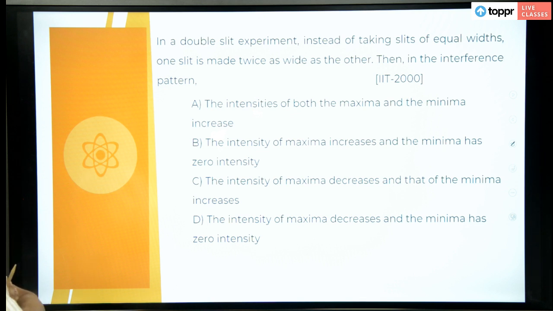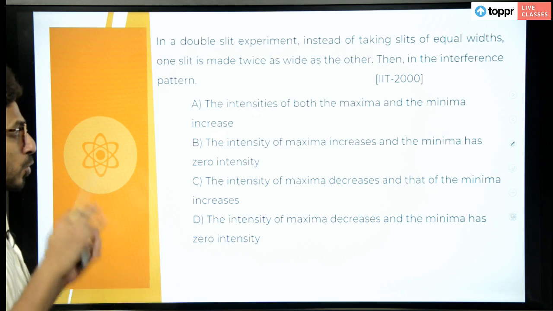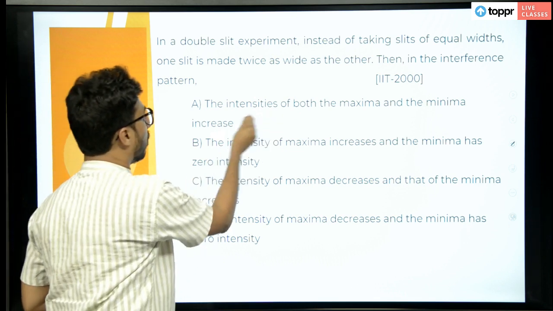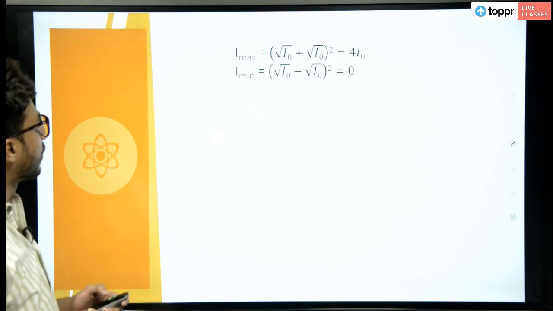Then in the interference pattern, what will happen? The intensities of both the maxima and minima increase. Intensity of maxima increases and the minima is of zero intensity, and there are other options. Let us see how we can solve.